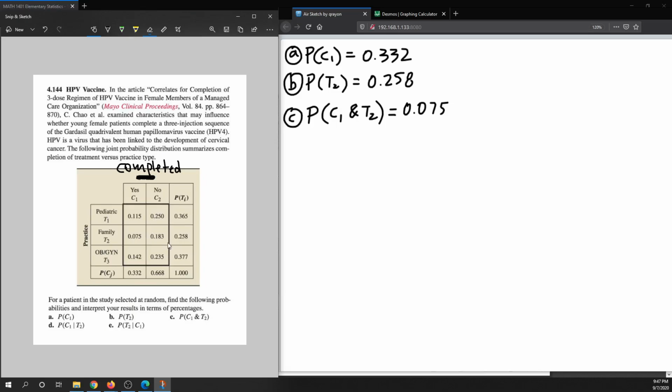All right, part D. In part D, they want to know what's the probability of C1 given T2. All right, so that is a conditional probability, right? And so we would use the conditional probability formula. We want to know what's the probability of T2 and C1 divided by the probability of T2.